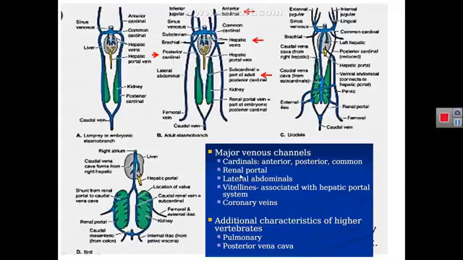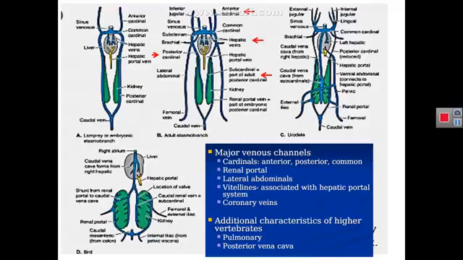And also we have renal veins draining the kidney, or they are called subcardinal veins. And we have vitelline veins that drain the intestine and are associated with the liver circulation, and coronary veins draining the heart. The more developed configuration of the venous drainage, and functionally more developed venous drainage, may be seen in higher vertebrates that contain pulmonary veins in addition to these veins, and a vena cava.